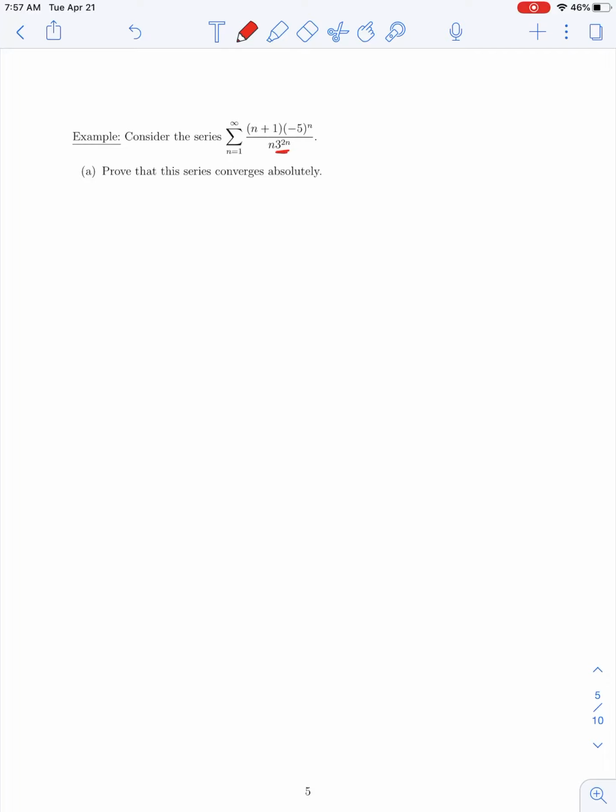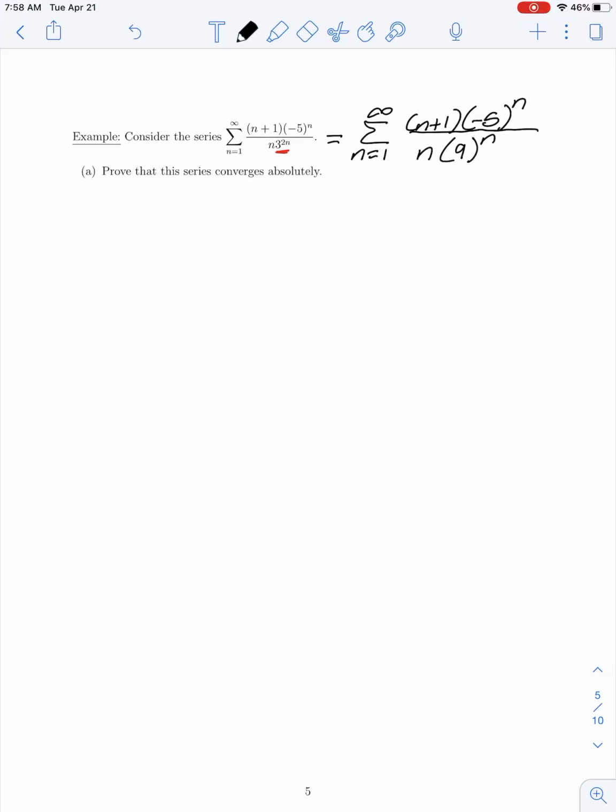So here, as I did in my earlier example, this 3 to the 2n power, I may rewrite a little bit as 9 to the nth power. That is 3 squared and then raised to the nth. So here we have (n plus 1) times (negative 5) to the nth all over n times 9, or 3 squared, to the nth.